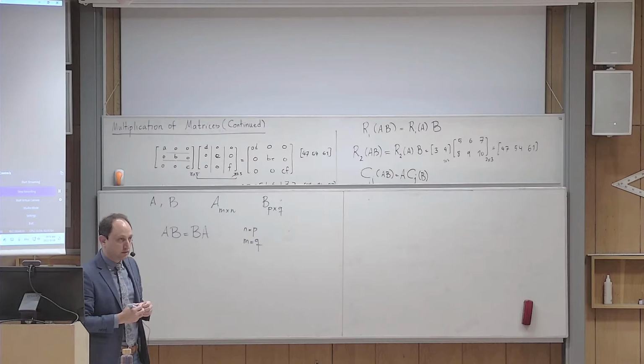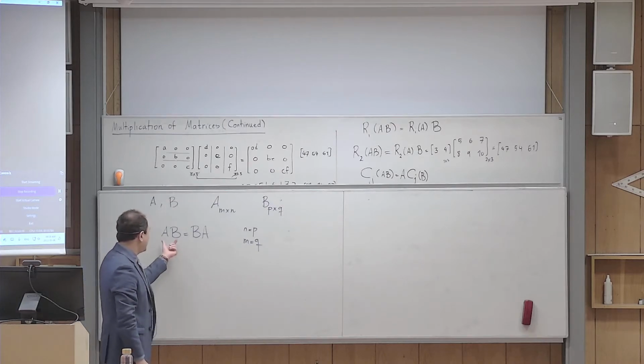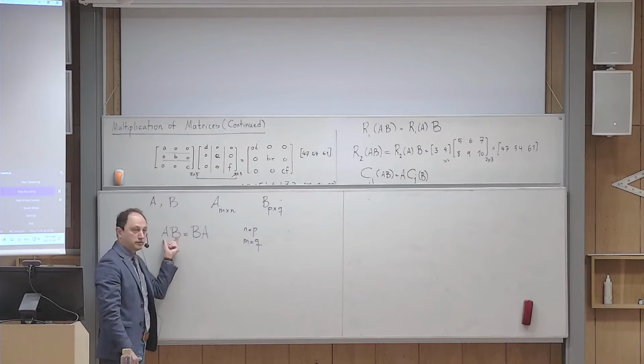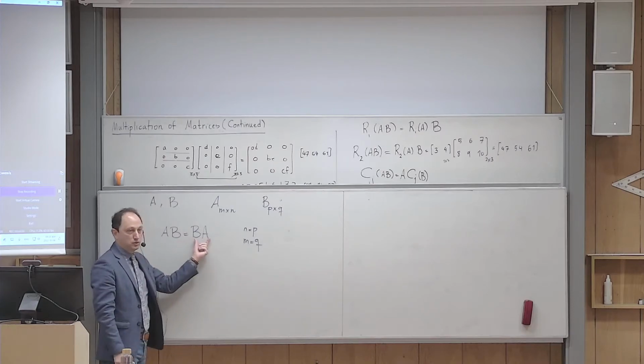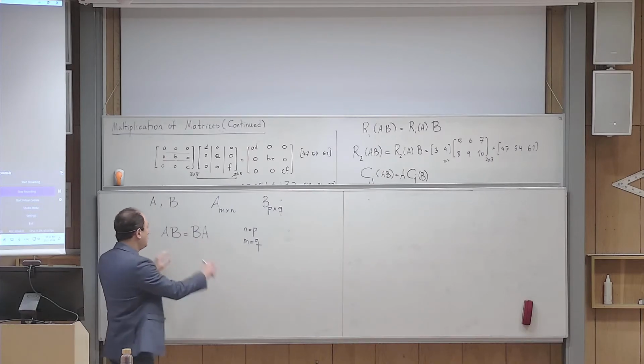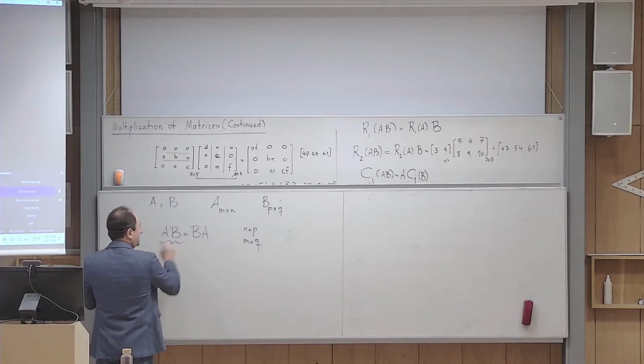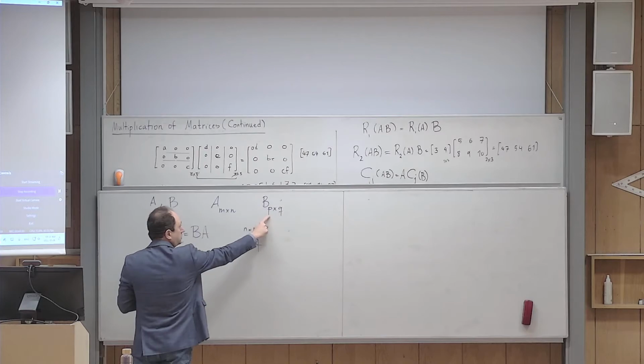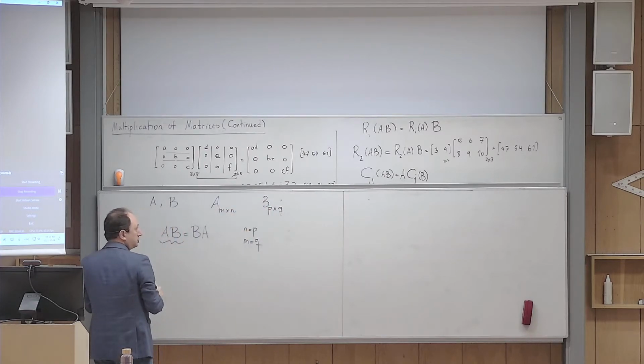If they weren't equal, they wouldn't be of the same sizes at the end. Because when I say this matrix is equal to this matrix, it means that the order of this is equal to the order of this. What is the order of AB? Because n is p, it is doable to multiply them, and the order at the end will be m by q.